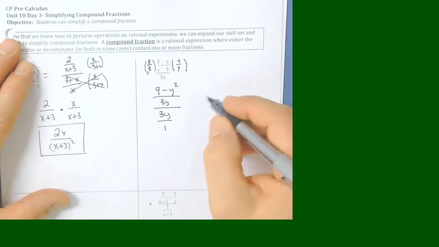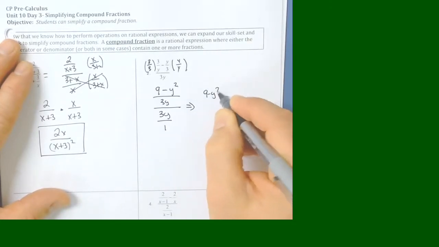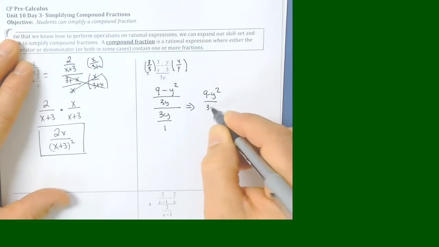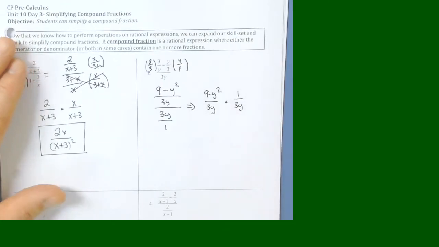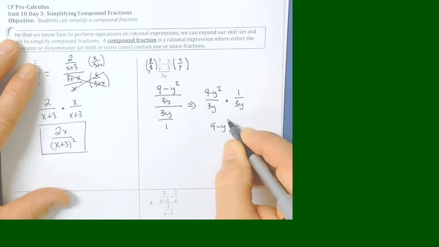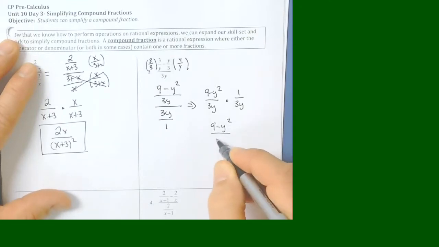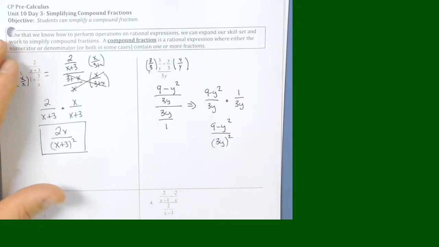Instead of dividing, I'm going to write this as 9 minus y squared over 3y times 1 over 3y. That gives me 9 minus y squared over 3y quantity squared.